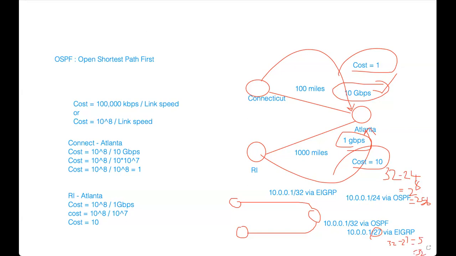So which one is preferred, guys? /27 is preferred because of the smaller group, which has the longest match. Oh, sorry. Yeah, but you understand the concept, right? Maybe your calculation is wrong, but it's okay. Cool. Okay, so now let's move on.